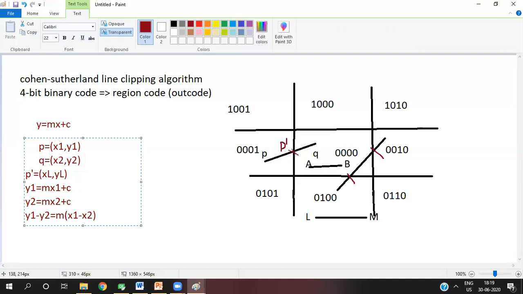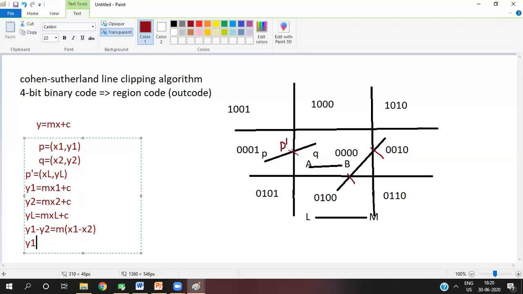Okay, so here for p dash can I write yl is equal to m xl plus c? Yes, definitely I can write, any point lying on the line satisfies the equation of line as per that formula. Here either I can use y1 is equal to mx1 plus c, or I can use y2 is equal to mx2 plus c, sorry.